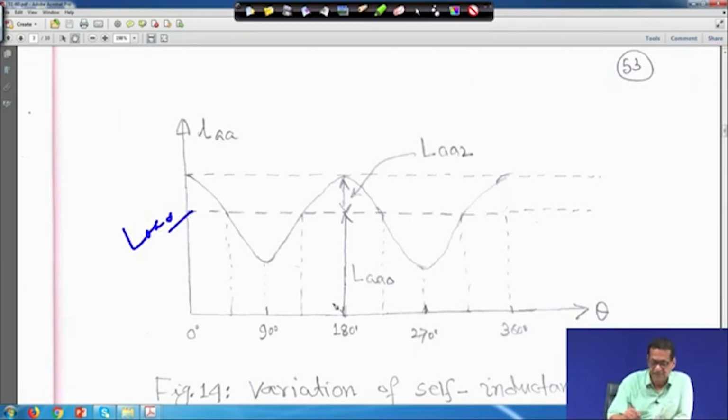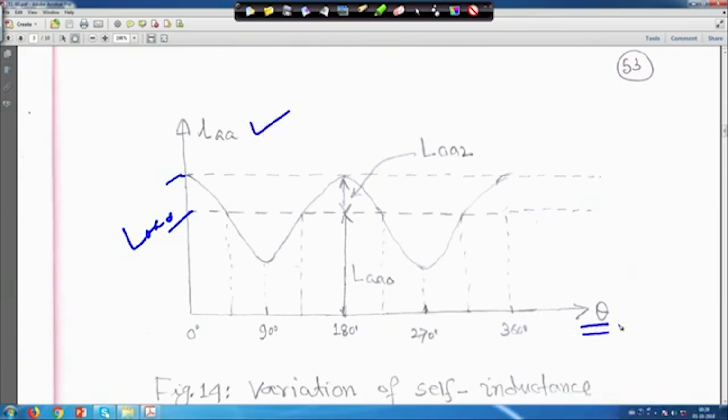This part is LA0 plus LA2, and this part is LA0 minus LA2. So this is the plot of LA versus theta, the variation of self inductance. It is not a constant, it is varying with theta.